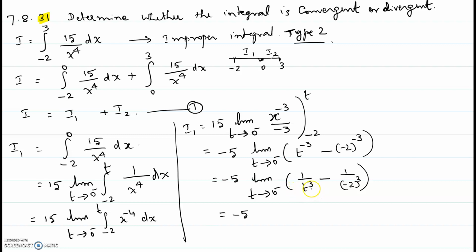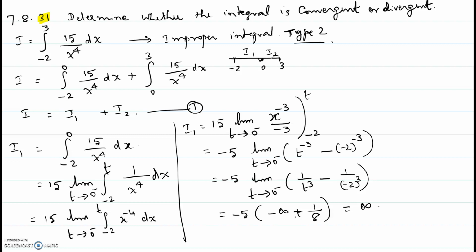This will be negative infinity. You already have a -5 outside, so it will be positive infinity. And this part is negative 1 over -8, so that will be positive 1 over 8. So it is negative 5 times negative infinity, that will be a very large value, infinity.